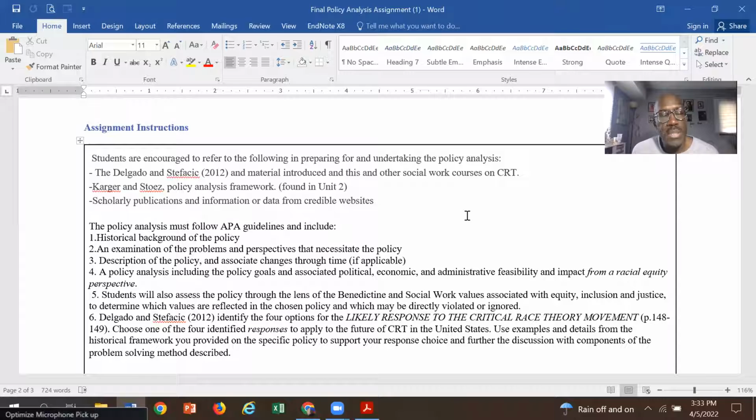For this assignment, you're also going to need to refer to your critical race theory book later in the assignment, because it's going to ask you to do an analysis of the future of this policy through the lens of critical race theory. Also, use that framework that we just talked about in Unit 2, as well as any other scholarly publications or information from credible websites that provide that type of information for you. And that's what we're going to do.